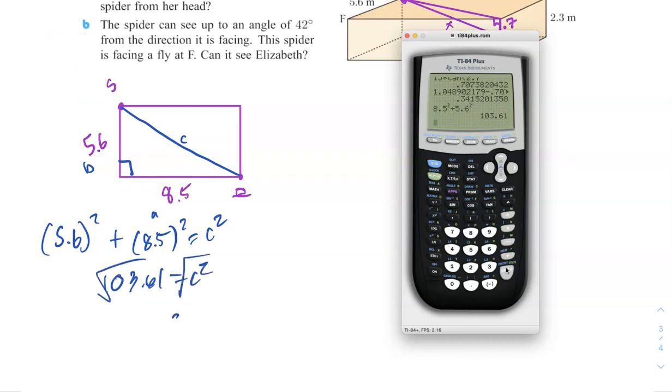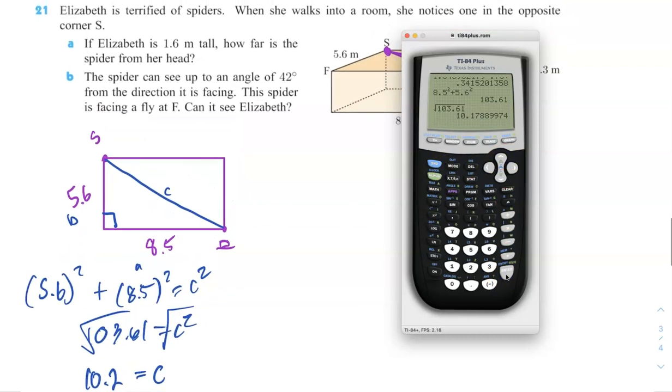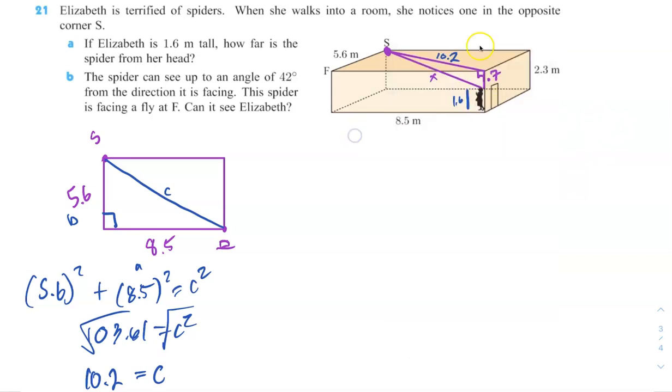Square root both sides. So about 10.2. That's not my final answer, though. It just helps us get to this part, because that's this side.